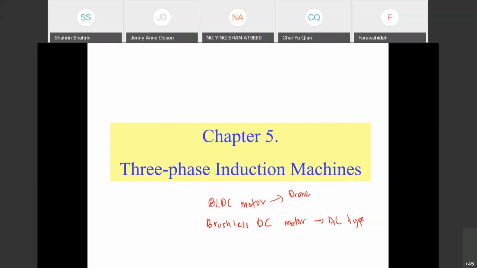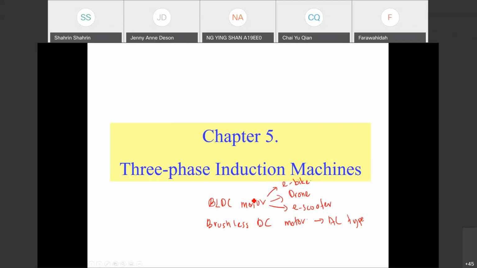Okay, so this BLDC motor is used in the drone and also your e-scooter or maybe e-bike, the electric bicycle and so on. The motor installed inside your tire is actually this BLDC motor. Very compact, so you didn't realize that there is a motor installed inside your tire.